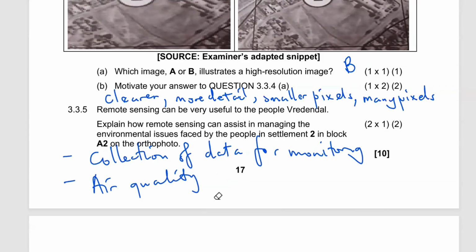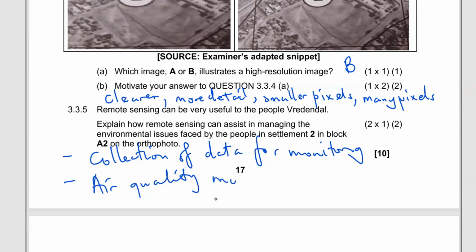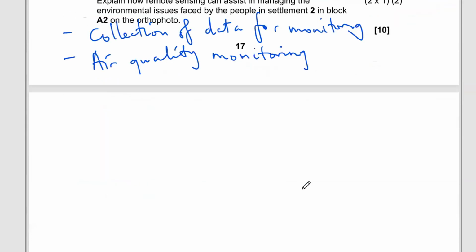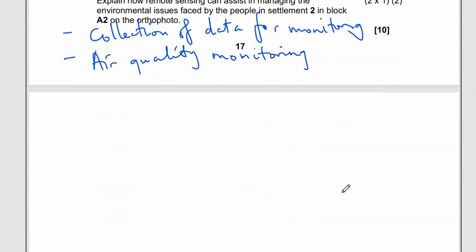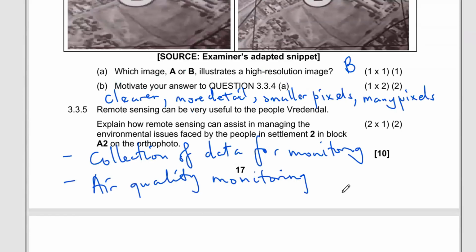We start by monitoring. Air quality monitoring. Since it is close to the sewage works, we need to constantly monitor the air quality and also collect data for monitoring purposes. Right. So basically, that is how they can benefit from remote sensing in that particular area.